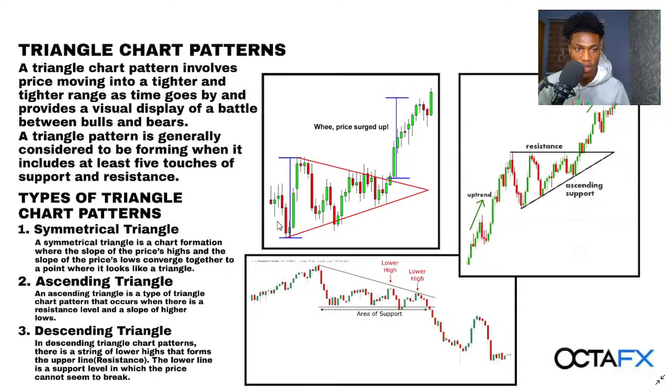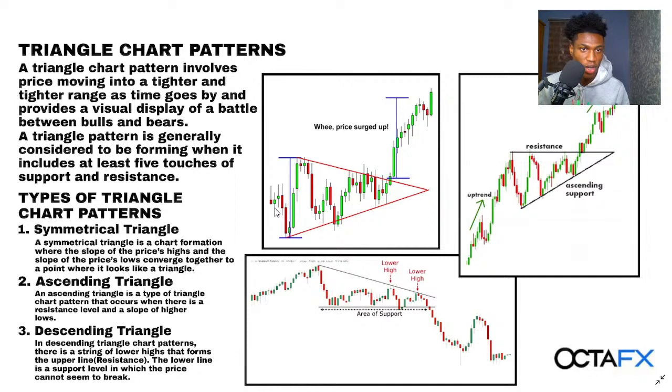Types of triangle chart patterns are the symmetrical triangle, which is a chart formation where the slope of the price highs and the slope of the price lows converge together to a point where it looks like a triangle. The second one is the ascending triangle, which occurs when there is a resistance level and the slope of higher lows.